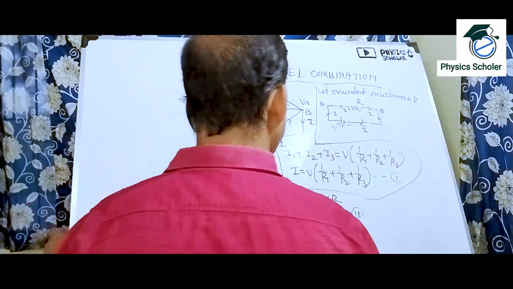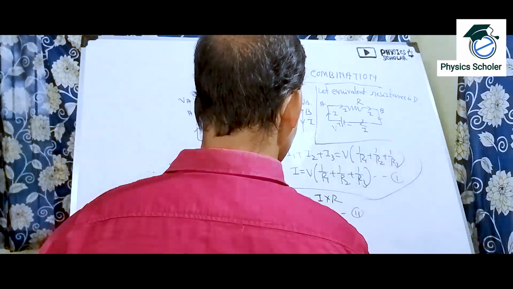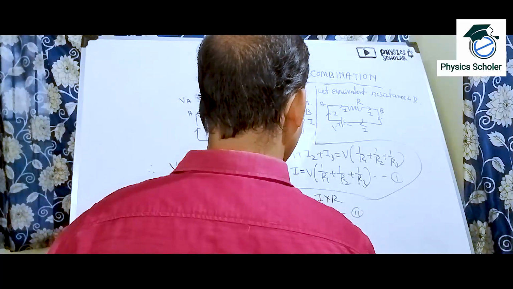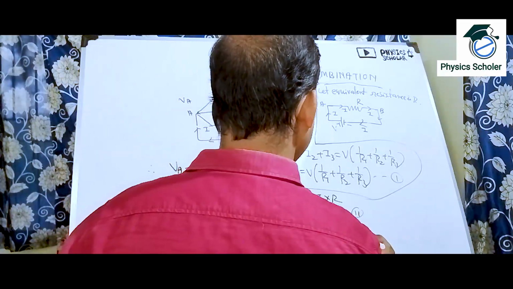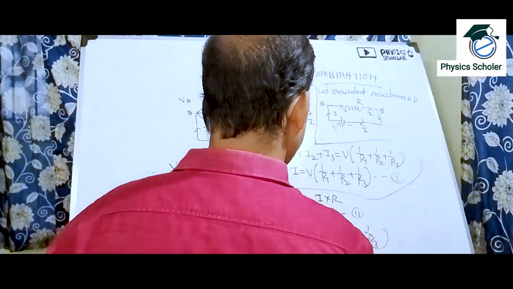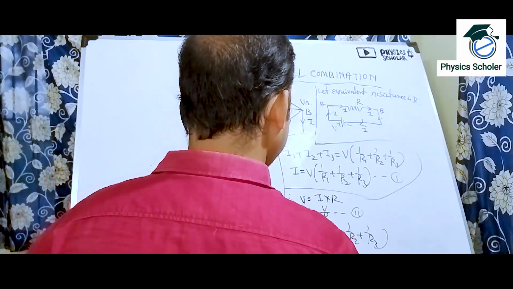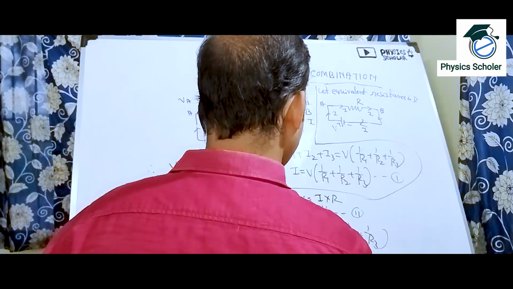By comparing, what can you write? V by R is equal to V into (1 by R1 plus 1 by R2 plus 1 by R3). So V will cancel, and 1 by R is equal to 1 by R1 plus 1 by R2 plus 1 by R3.